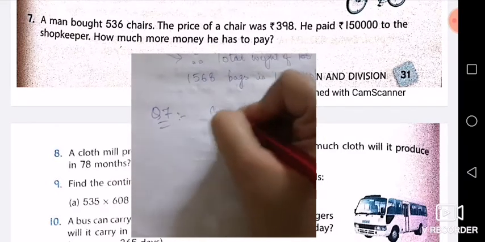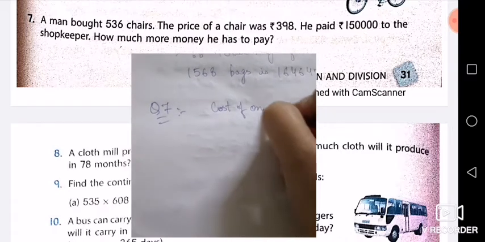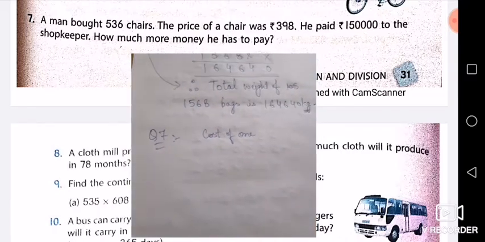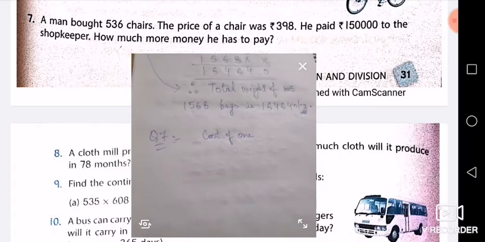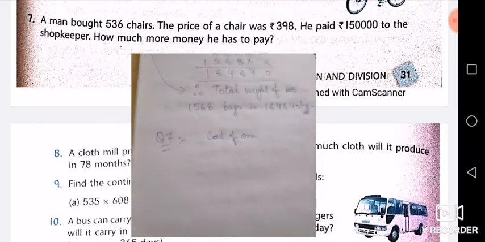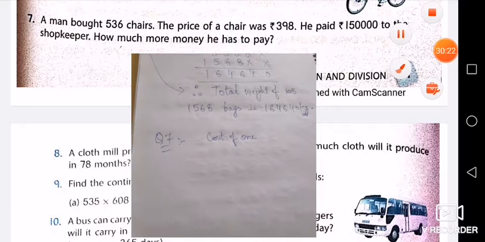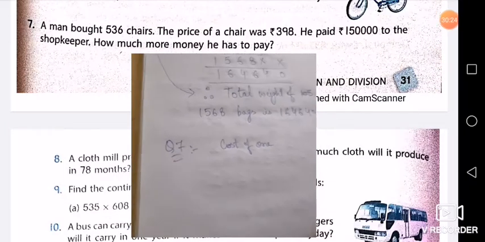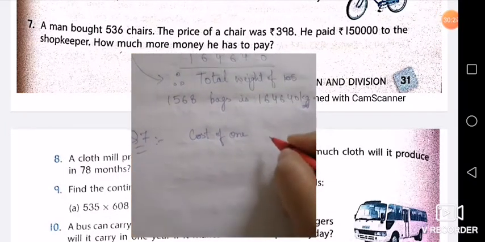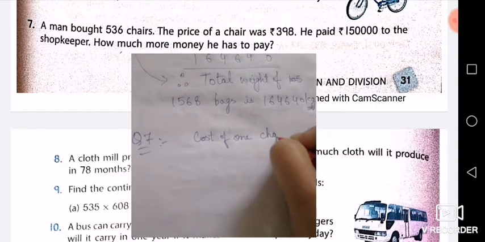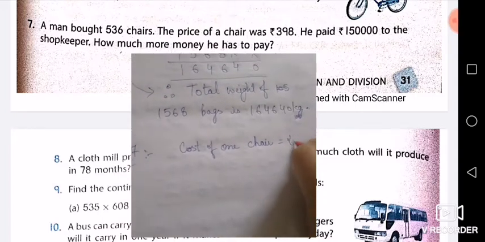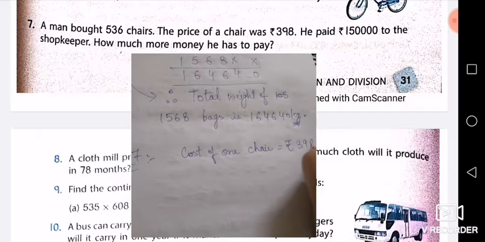Cost of one chair. What is the cost of one chair? Cost of one chair is rupees 398.